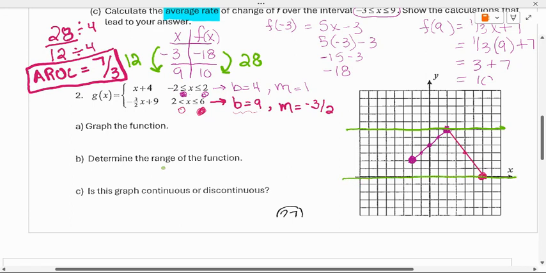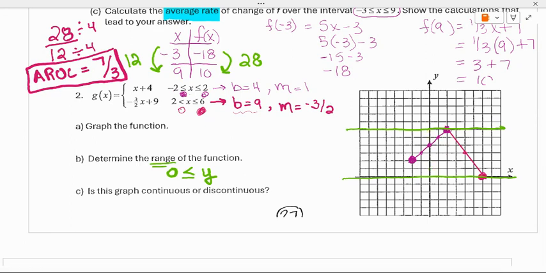Well, we write our range in order from smallest to largest. So the lowest y value is 0, and it's got a closed circle on the 0. So that means it's included, is less than or equal to y, because range is a y value. And there's a closed circle on the +1, 2, 3, 4. So less than or equal to +4.